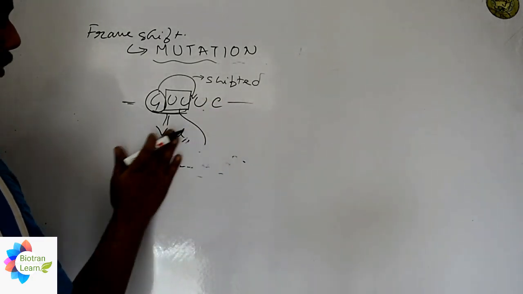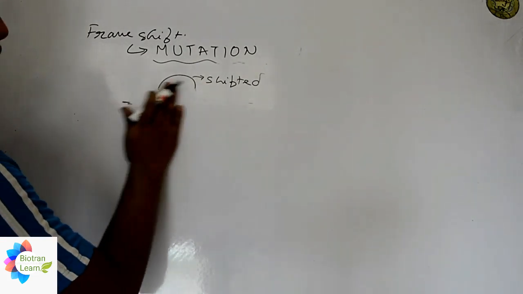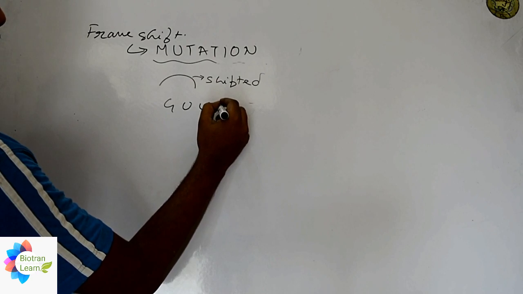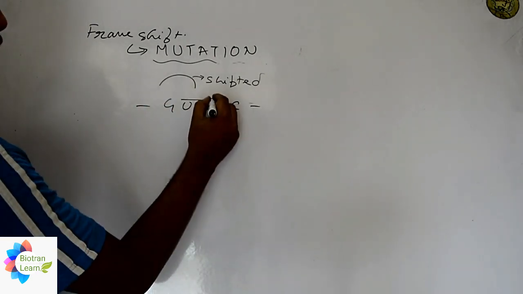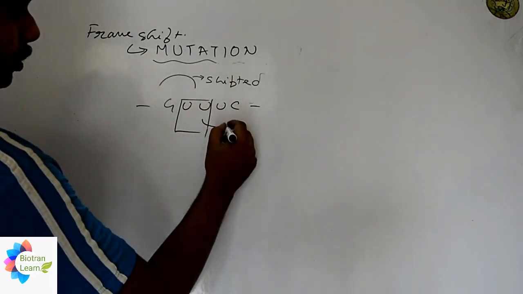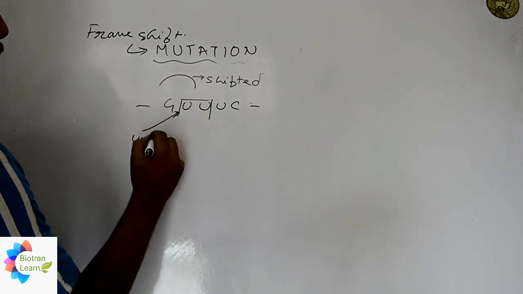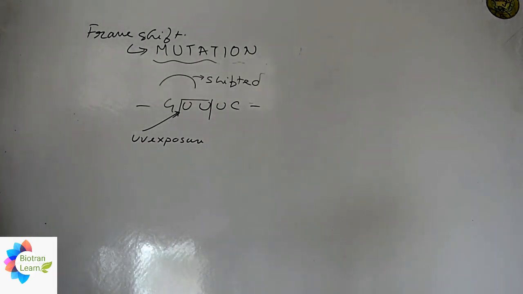So what happens? Suppose GUUC was there, and now due to certain reason a pair of UU base is being removed, right? Suppose due to UV exposure, this base is being removed.